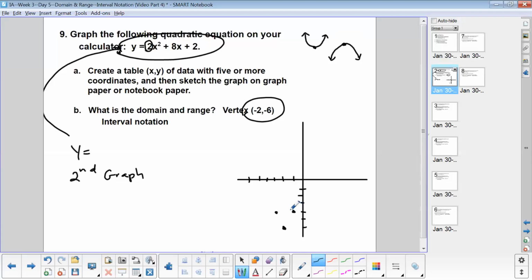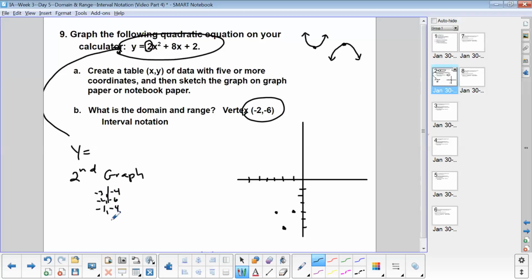So you're going to start to see symmetry. These are some points that I'm just pulling from my data table. So -1, -4, -2, -6, and -3, -4.